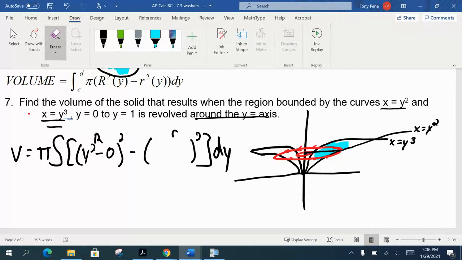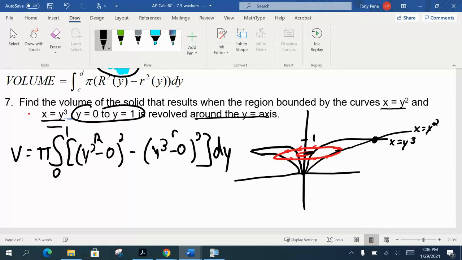If we go to define the little radius, that would just be right in here. And the right side is now the other curve, x equals y cubed, and then 0 to the left. So y cubed minus 0. And then our limits, we probably should have figured these out just to make sure, but these do intersect at 1. So we're going from 0 to 1.